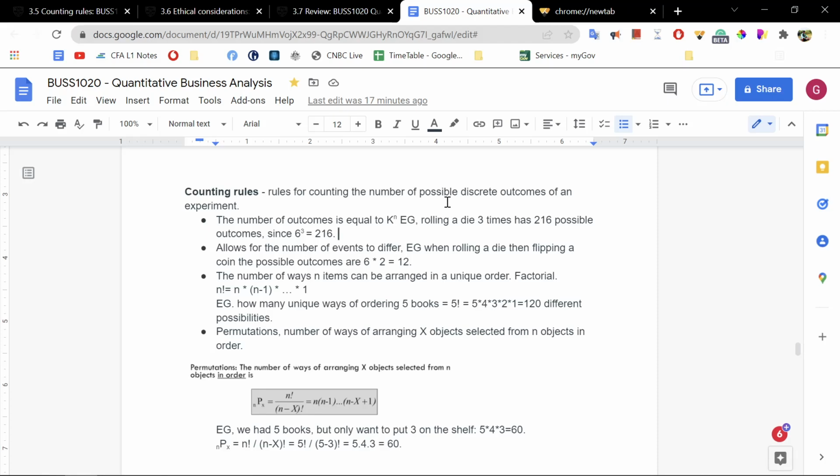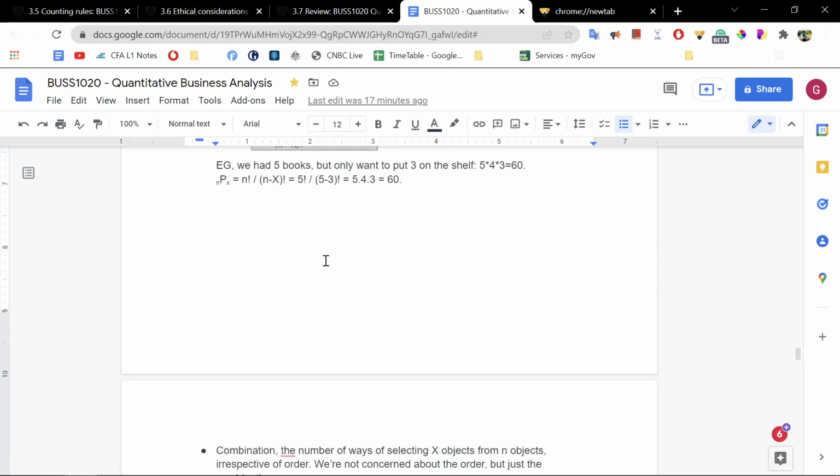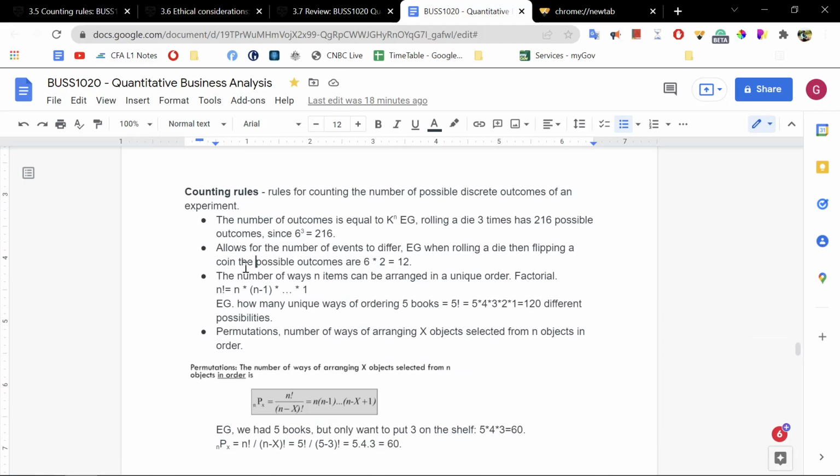So we could have 2, 2, 3, or 2, 3, 2, or 3, 2, 2, and these will all be counted as 3 different outcomes. This allows for the number of events to differ, for a die for example. Okay, so these are different counting rules.